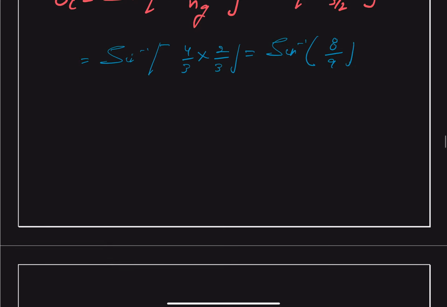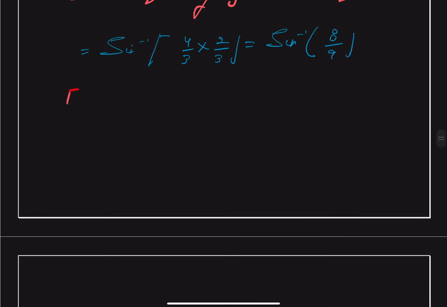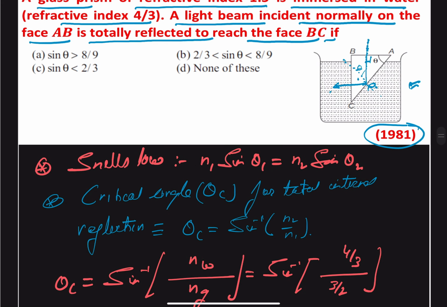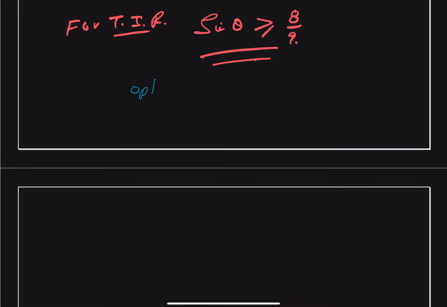Therefore, for total internal reflection, our sine of theta should be greater than or equal to 8 by 9. And option number A is the correct one. Option A is correct.